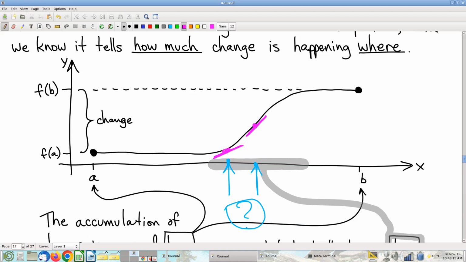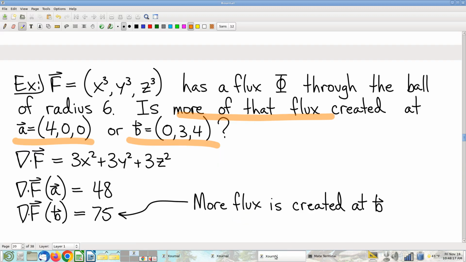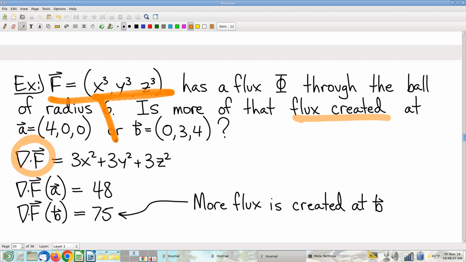So, by analogy, it's the same story here. We don't look at change density, we look at flux density. For instance, in the creation of flux, density answers the question. And so you can compute this out. Now, you've got to do the appropriate partial derivatives, but you can take the partial derivatives of that vector field and add them up, and you get this.